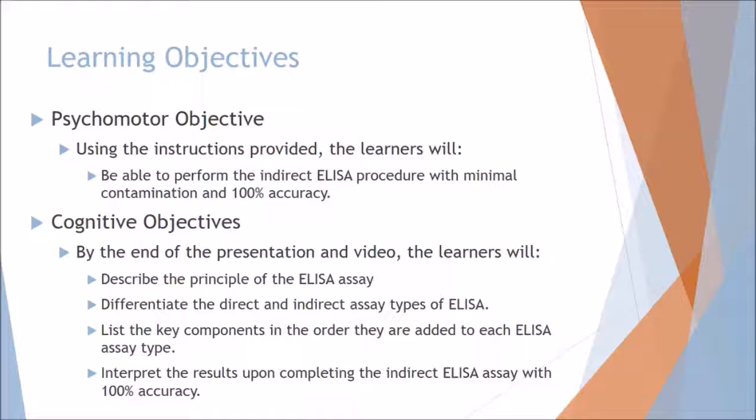The learner will also need to be able to describe the principle of an ELISA assay, differentiate between indirect and direct assay types of ELISAs, and to list the key components in their appropriate order that they are added to the reaction of the assay, and also to interpret the results upon completing the performance of the ELISA.